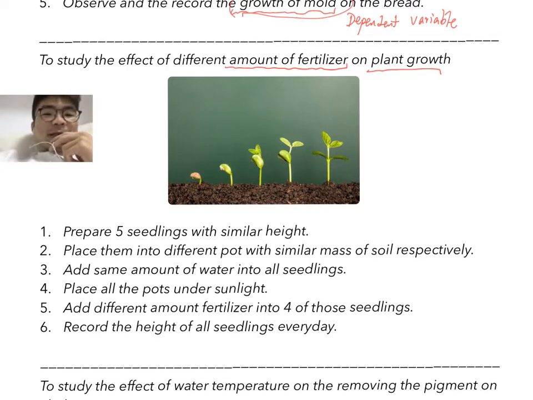Time's up. So, the independent variable, control variable, and dependent variable. Because you're going to test different amounts of fertilizer, the amount of fertilizer would be the independent variable.